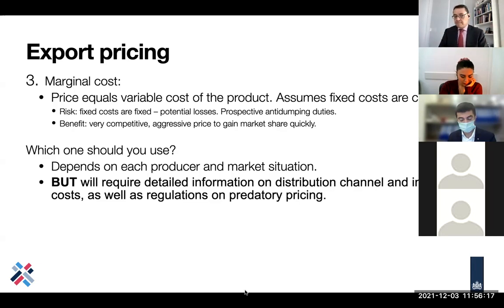So what I'm saying is, use the pricing strategy that best suits your individual position. Therefore, my friends, you who deliver advice to companies need to bear in mind which are the costs of the distribution channel and allow companies to determine by themselves what their pricing and their market entry strategy will be. Okay?